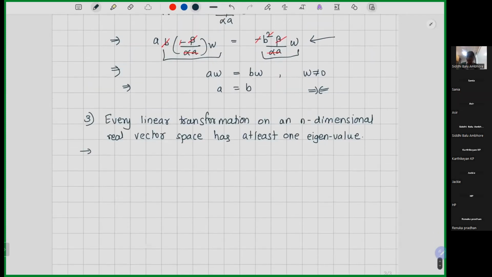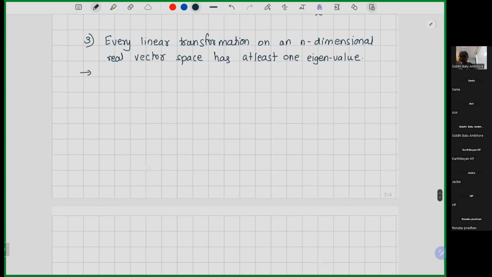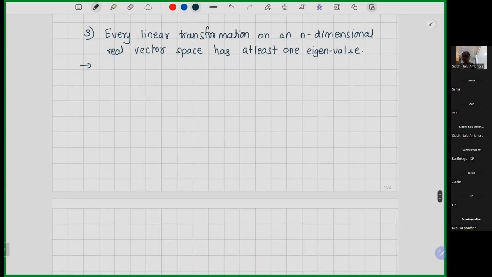And what is your guess? They are asking whether every given linear transformation will always have an eigenvalue. That is the question asked.